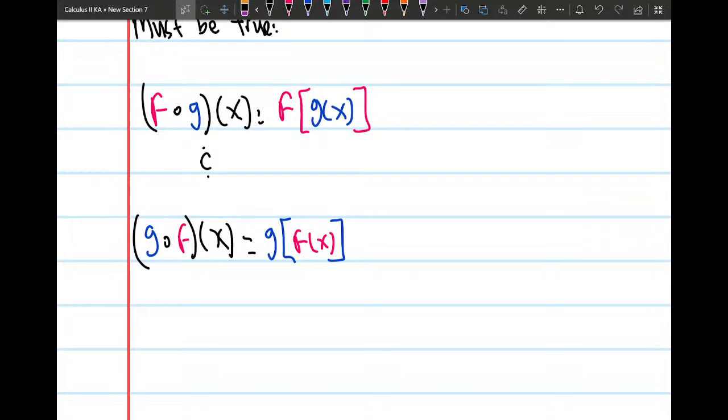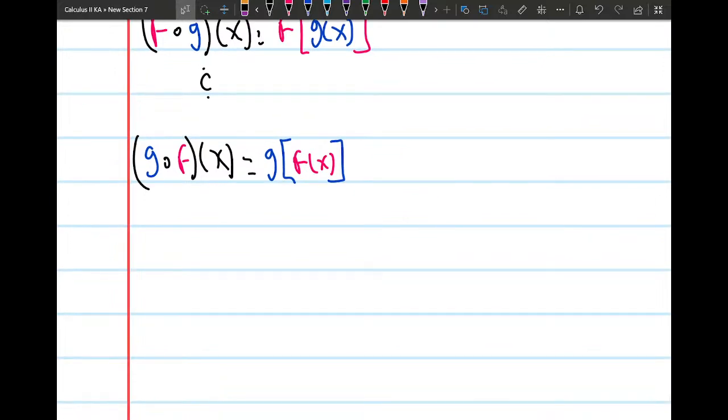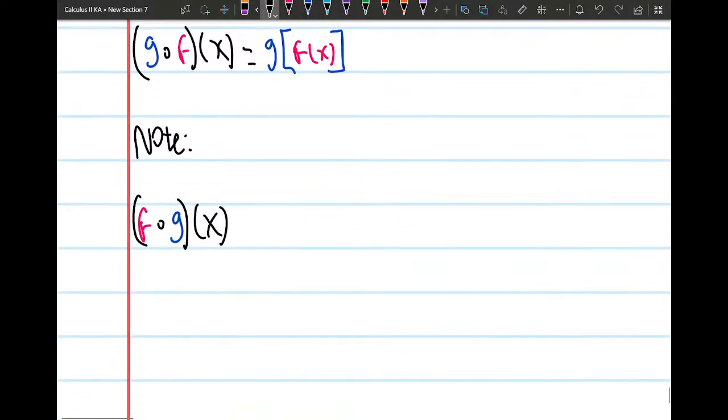What I also want to make very clear is a note that f composed with g of x is not equal to g composed with f of x.